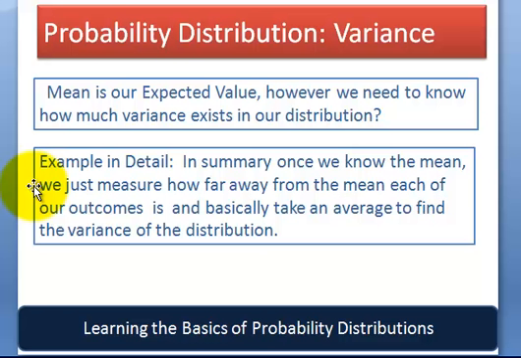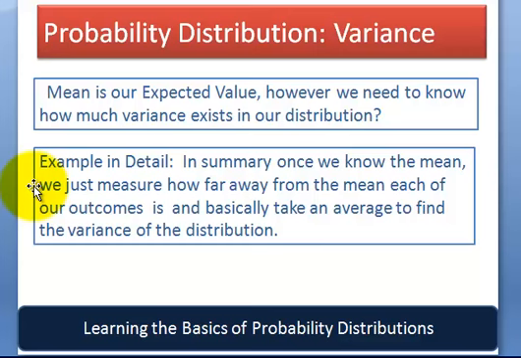If every outcome is exactly the mean, exactly the average, then I have no variation in my data. If the test scores were all an 80, 10 test scores, they all scored 80, then the mean is 80 and I have no variation because there's no difference. No score varies from the mean. They're all the same score.